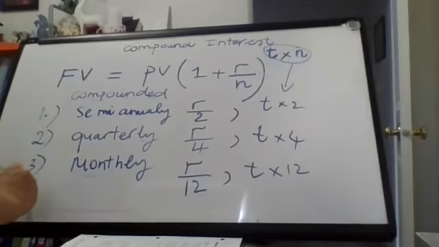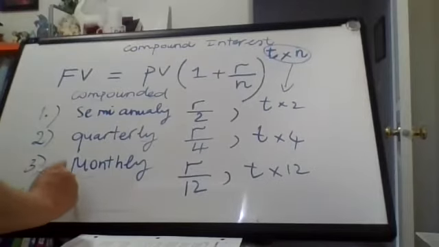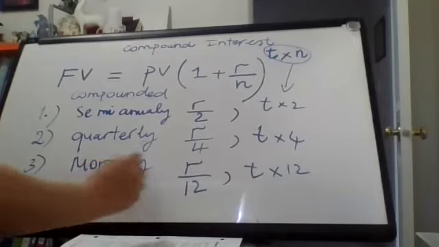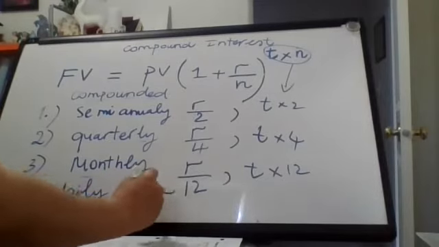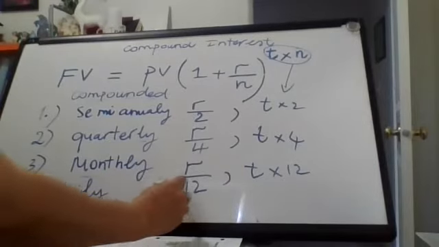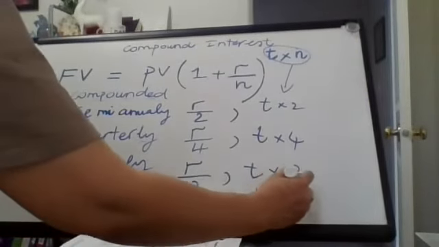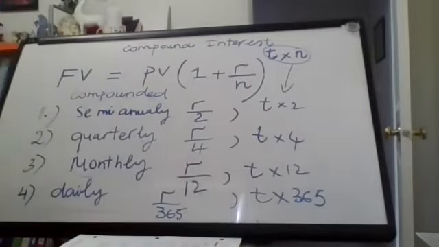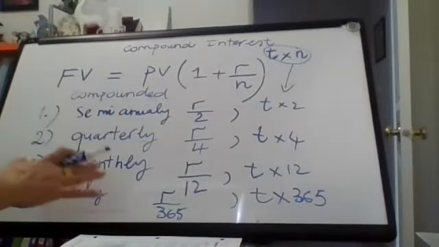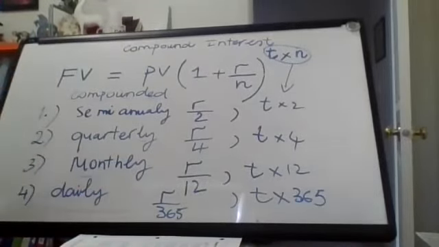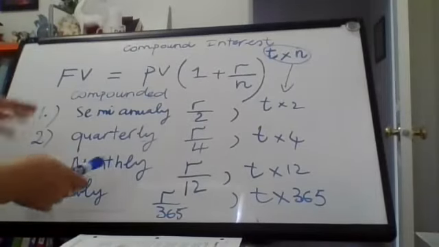And then we also have daily. Daily, then the rate will be R divided by 365 days, and the time here will be multiplied by 365.